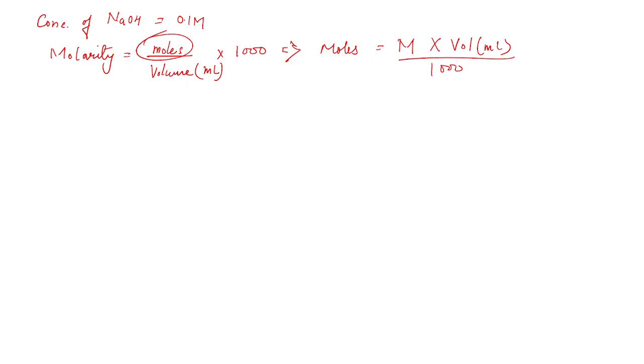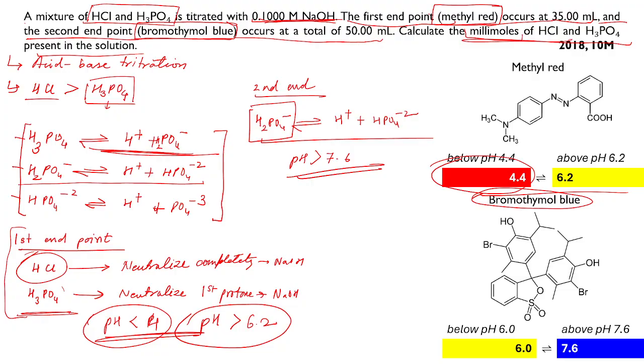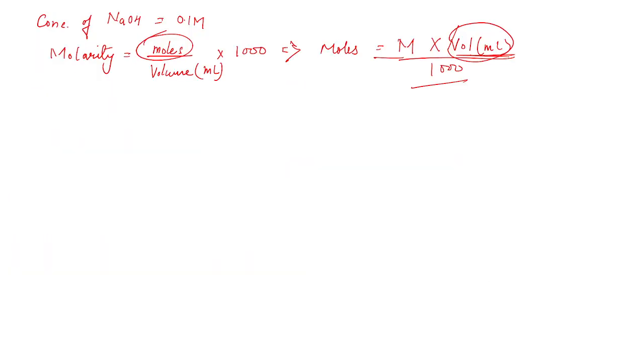Now where are you going to get this volume? Molarity we have, and 1000 is constant. We need to calculate the volume. In this question, the first endpoint is at 35 ml, so we are going to use 35 ml.